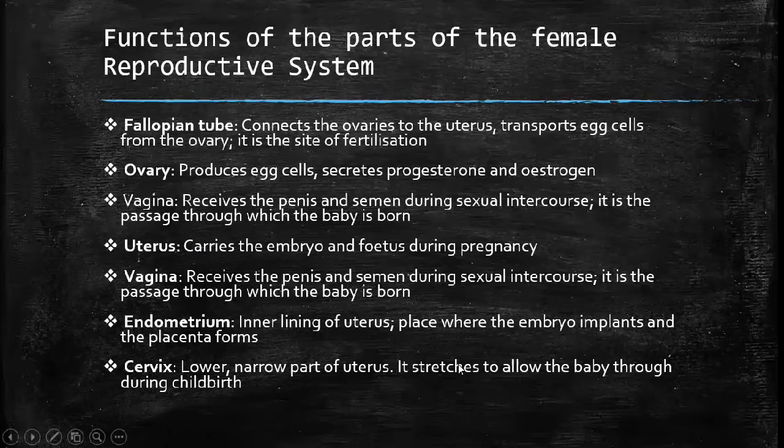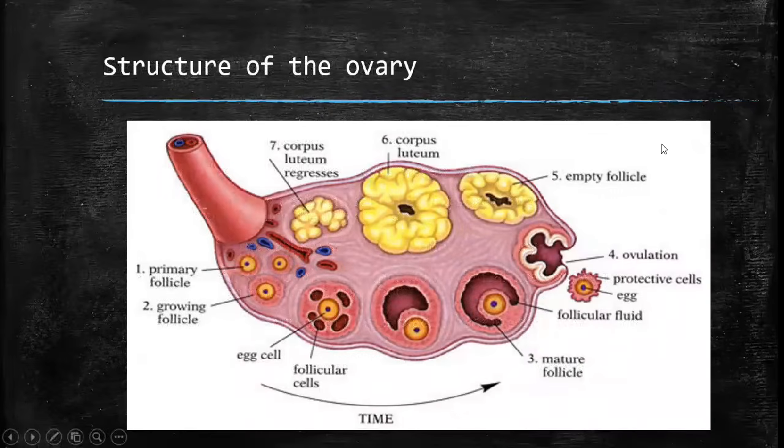This one is the lower narrow part of the uterus. It stretches to allow the baby through during childbirth. As I told you, it's the doorway into the uterus or out of the uterus. So that's where the baby passes through when a woman is giving birth. The baby passes through the cervix, and then goes into the vagina and then outside.